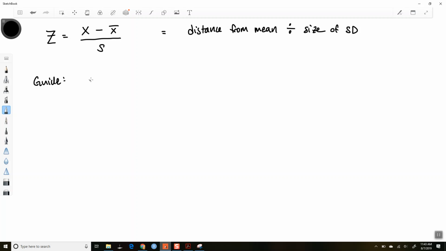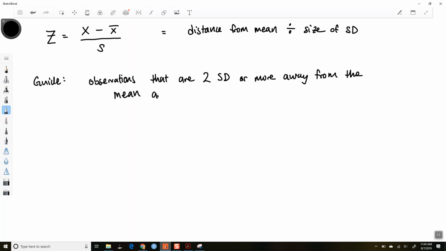Okay, and our guide is that observations that are 2 standard deviations or more away from the mean are considered unusual. So this is z greater than 2 or z less than -2.